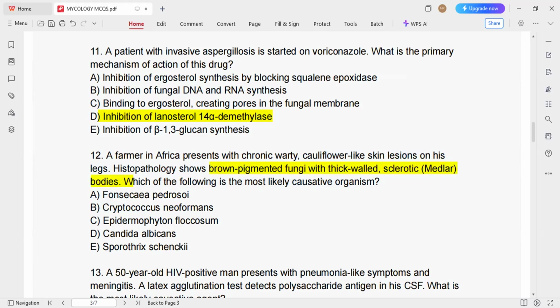Chromoblastomycosis. Very good. Now that is the first step in knowing what it is. Now, what is the cause of chromoblastomycosis? Cladosporium.